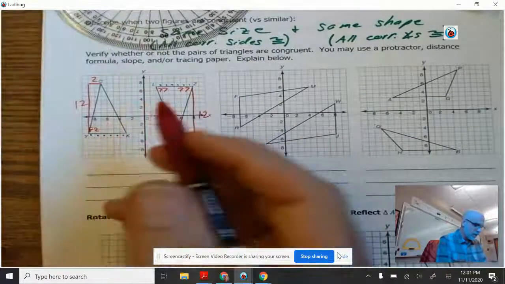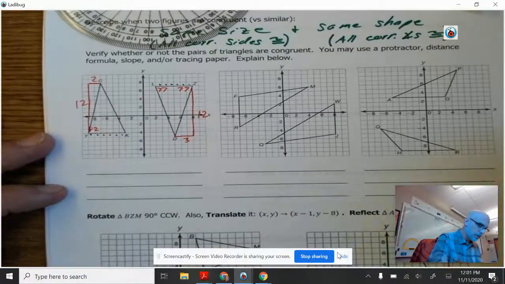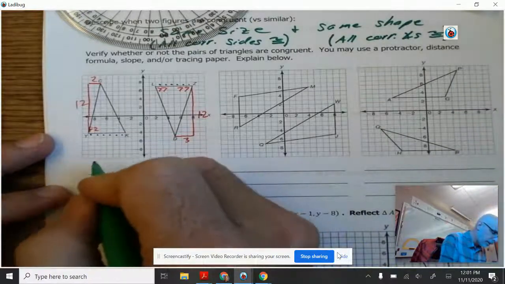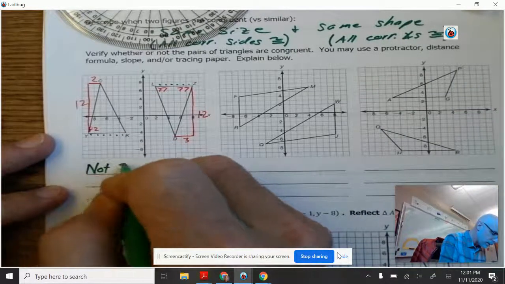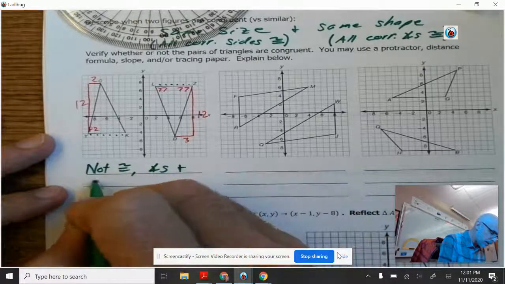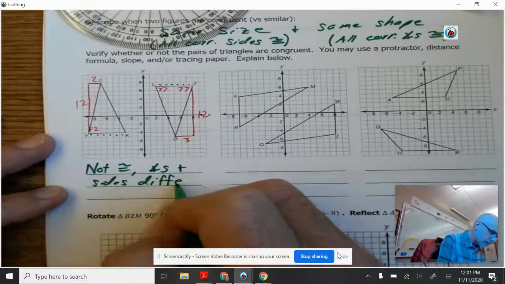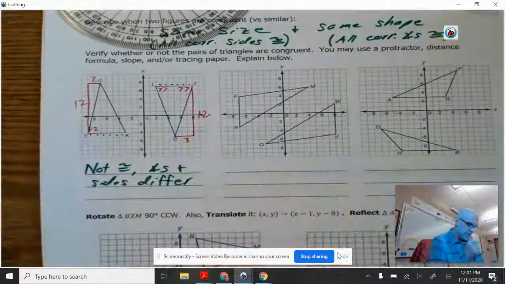So right now I have some discrepancies, and for this answer, these are not congruent because angles and sides differ. There is my evidence to back that up.